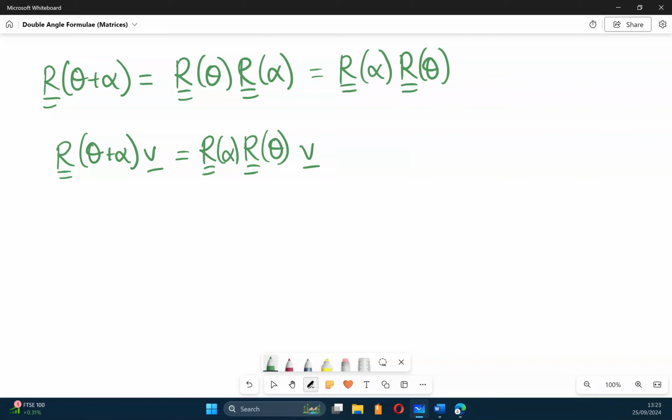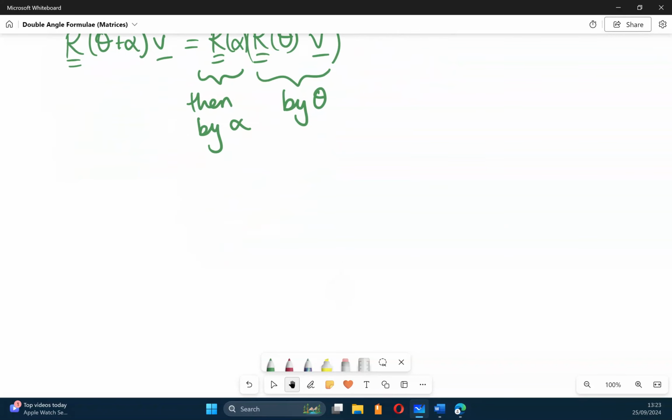It's just to show you that what we could see this as is an R of theta acting on v, so it rotates firstly by theta, then by alpha. And so because I've got an expression for this rotation matrix, we can now find a way to relate some of these sine theta plus alpha and cosine theta plus alpha terms. So what I'm going to do is just a case of simple algebra and matrix multiplication. Got that R of theta plus alpha equals R of alpha times R of theta.